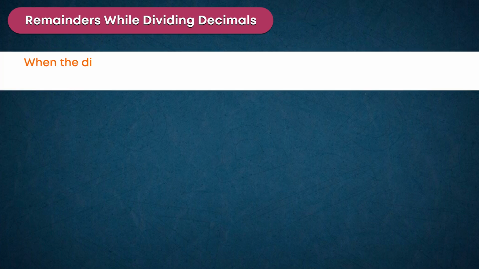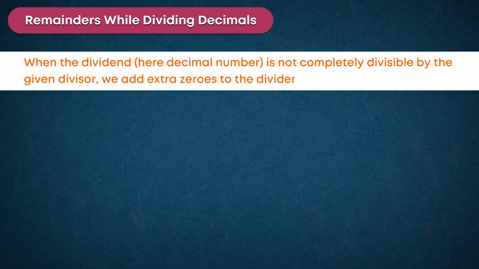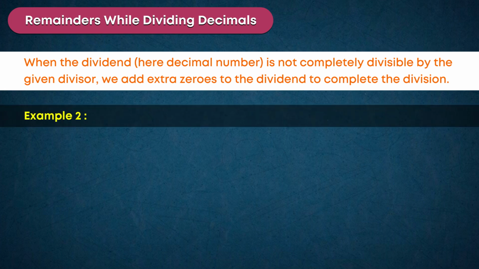Remainders while dividing decimals. When the dividend, here a decimal number, is not completely divisible by the given divisor, we add extra zeros to the dividend to complete the division. Example 2. Divide 4.5 by 6.